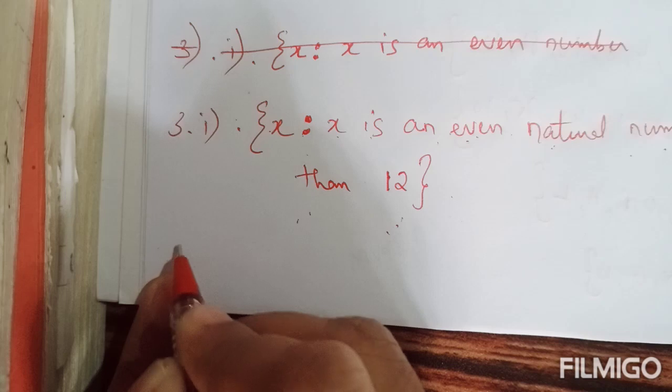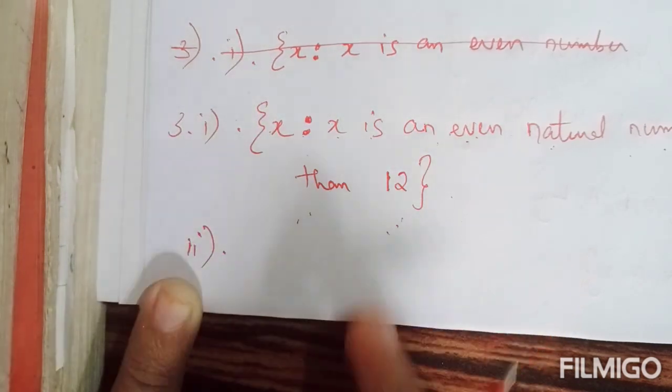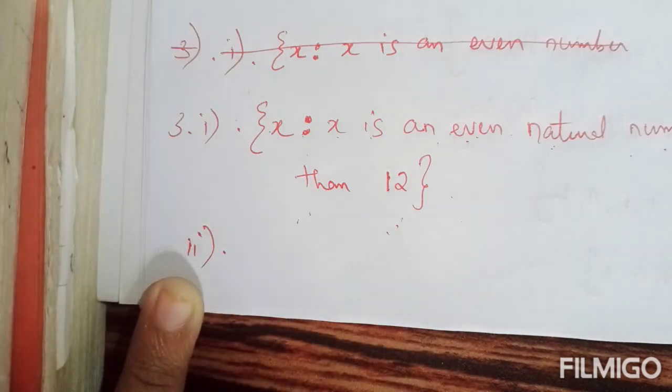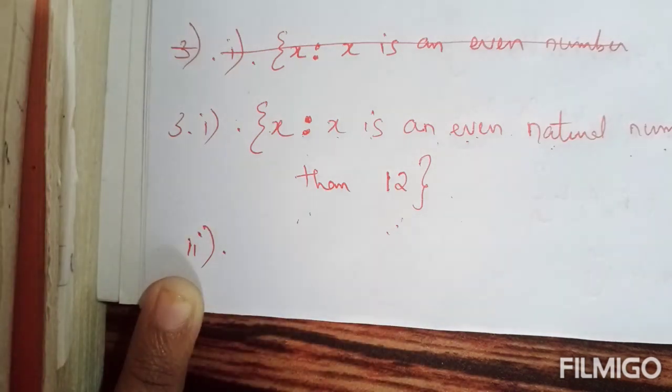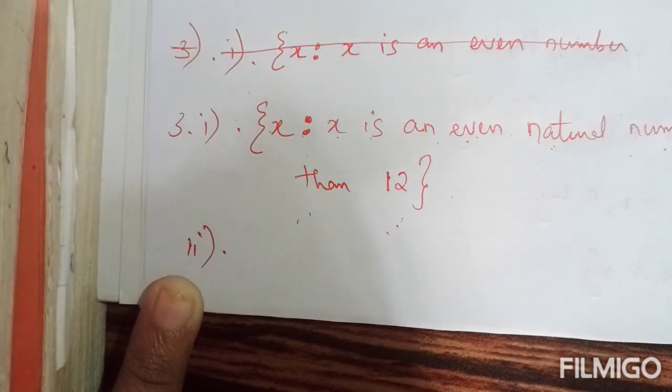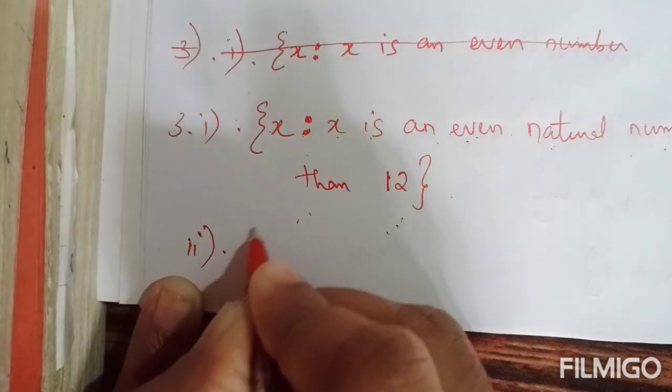Okay. Now in that second one, 2, 3, 5, 7, 11. So by seeing the numbers itself, you can understand that they are prime numbers. 2, 3, 5, 7 and 11 are prime numbers. Okay, so you can write like this.